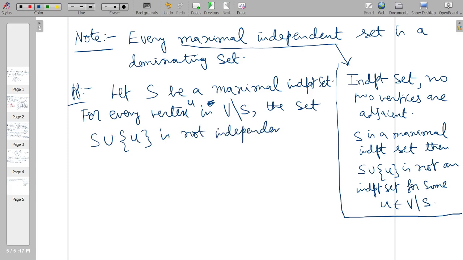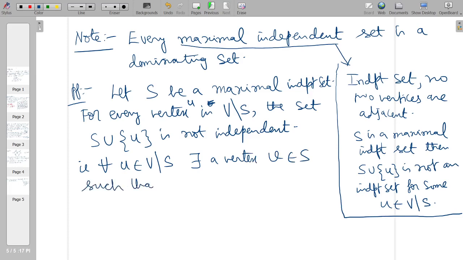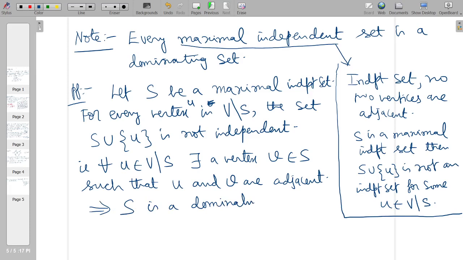So for every U in V minus S, there exists a vertex V in S such that U and V are adjacent. This is precisely the definition of a dominating set, and therefore S will be a dominating set.